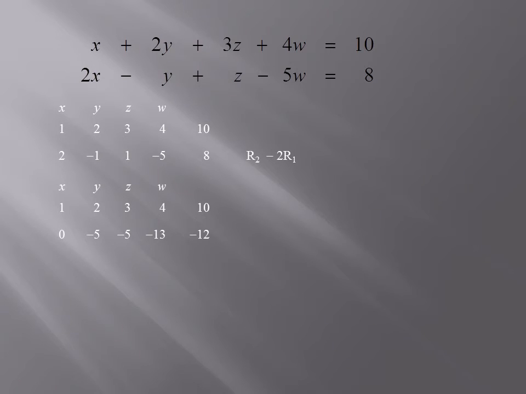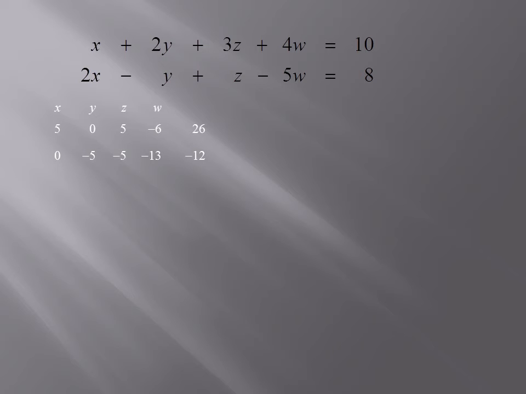And then pivot on the number -5 in the second row, second column. We're done pivoting, and now we proceed, as was explained in the previous example.